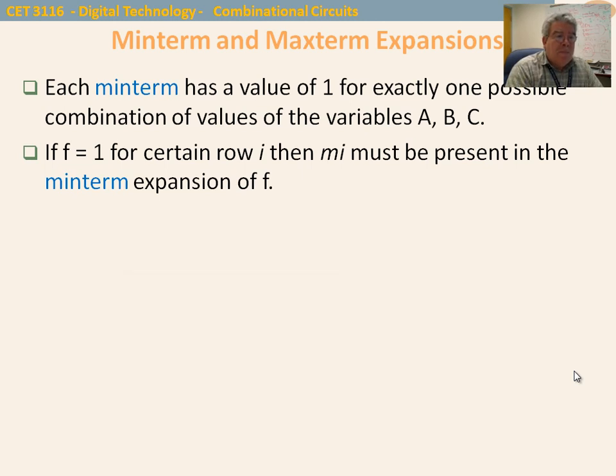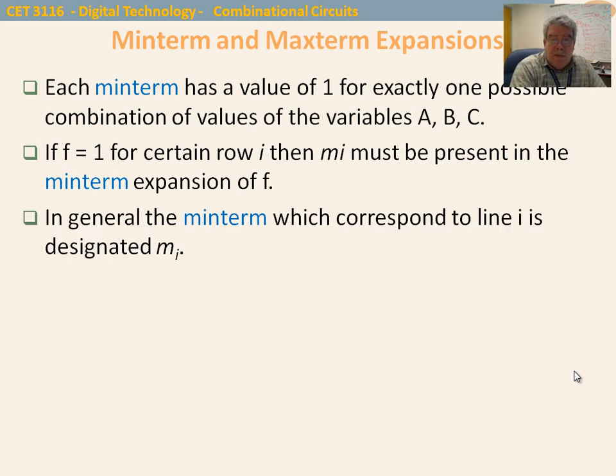Okay, so we designate the minterm mi to the row in the same order. For instance, row 0, that will be 0, 0, 0. That will correspond to the minterm m0. 0, 0, 1 will be row 1, and that will correspond to minterm m1.